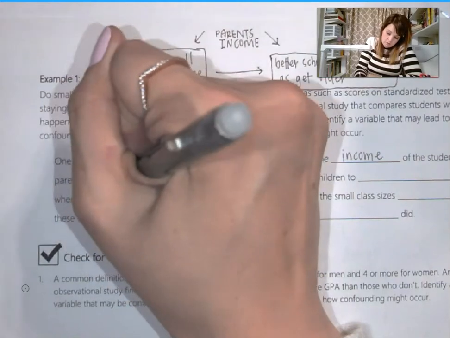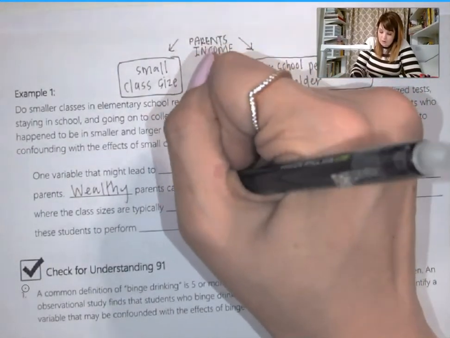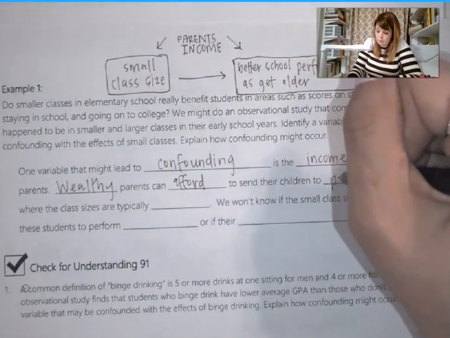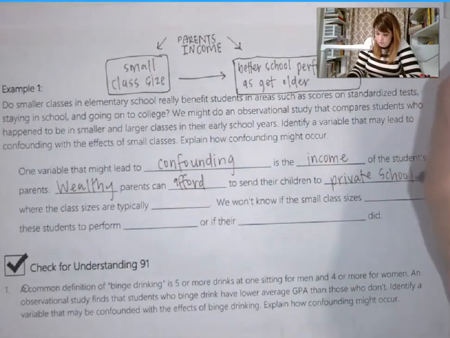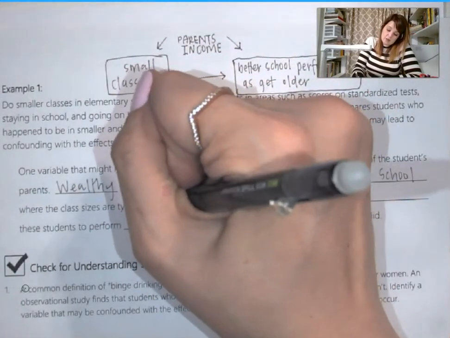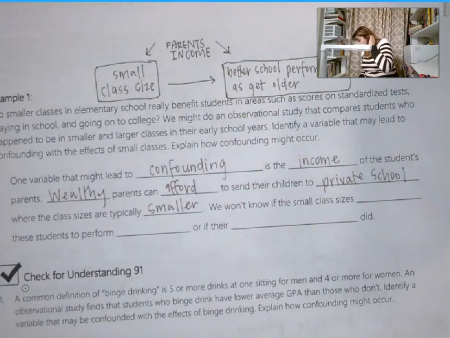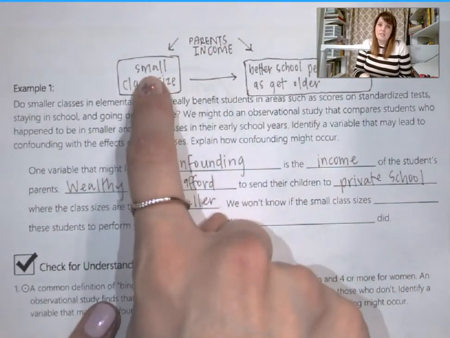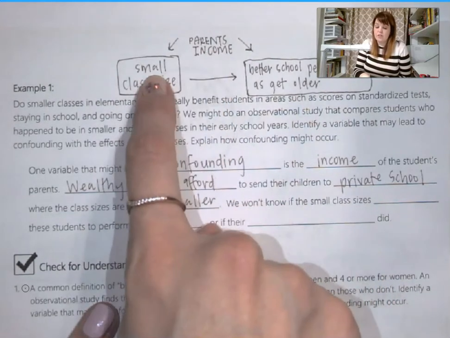Wealthy parents can afford to send their children to private school where class sizes are typically smaller. So, number one, it could be the income that's causing these students to be in smaller classes because their parents are paying for that.